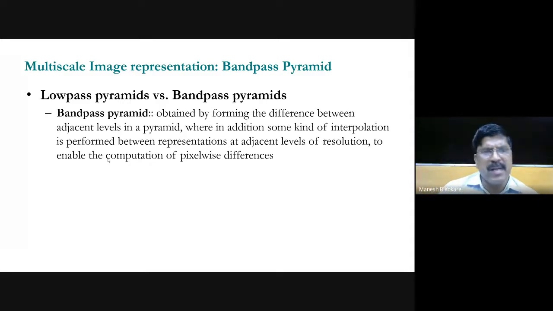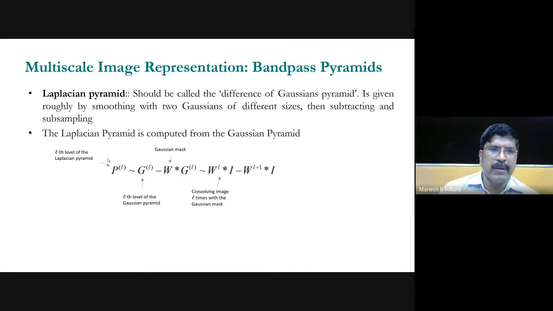Okay, so see how it is done. For example, the bandpass pyramid is also called the Laplacian pyramid, because it should be called the difference of Gaussian pyramid, or Laplacian pyramid, and is given by roughly smoothing with two Gaussians of different size, then subtracting and subsampling, right?